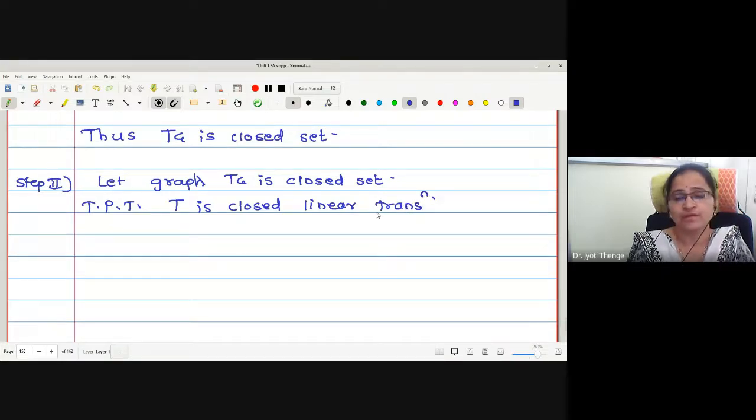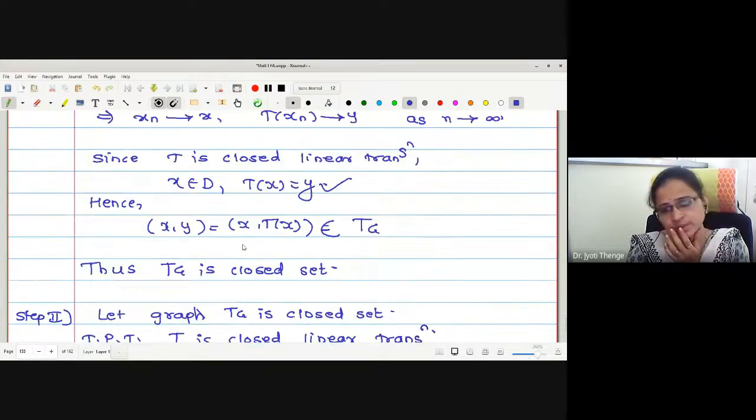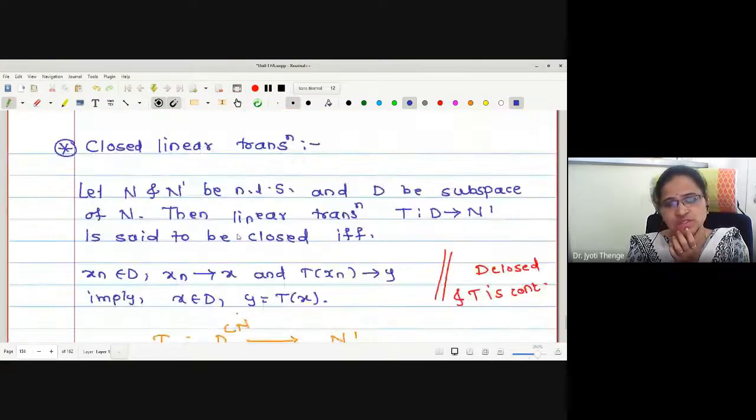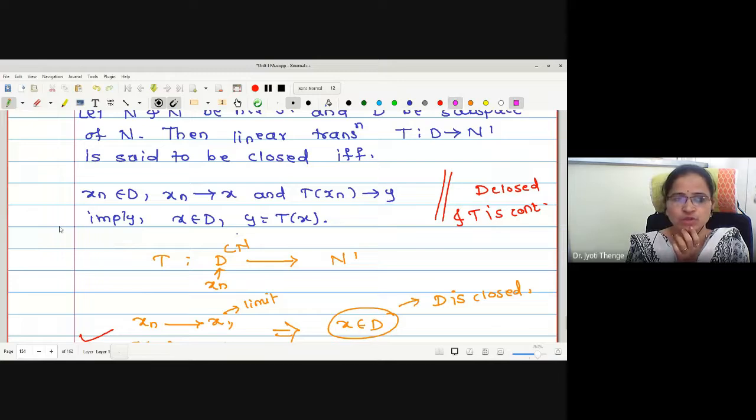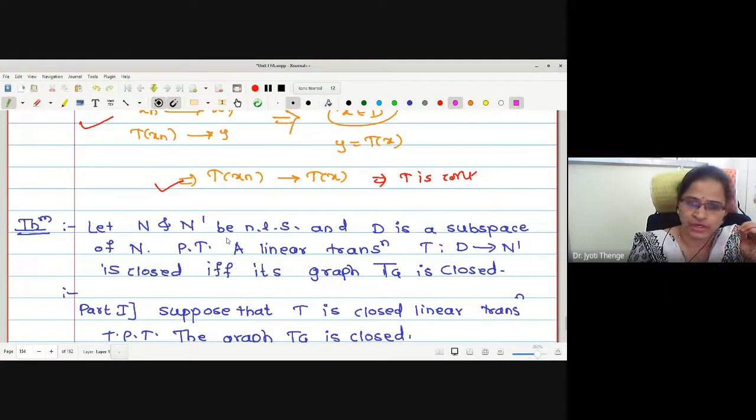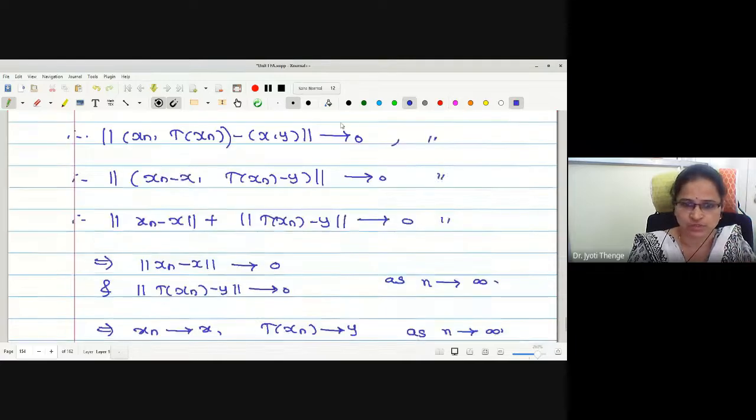Now, if I wanted to show it is a closed linear transformation, what should be my assumptions? This should be an assumption, no? xn is in D, xn tends to x, Txn tends to y, and finally the aim is to show x is in D and y equals T of x. Let us make the same assumptions.